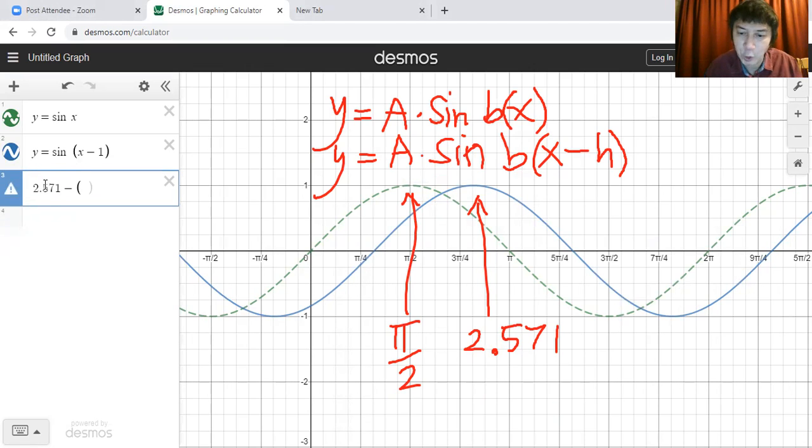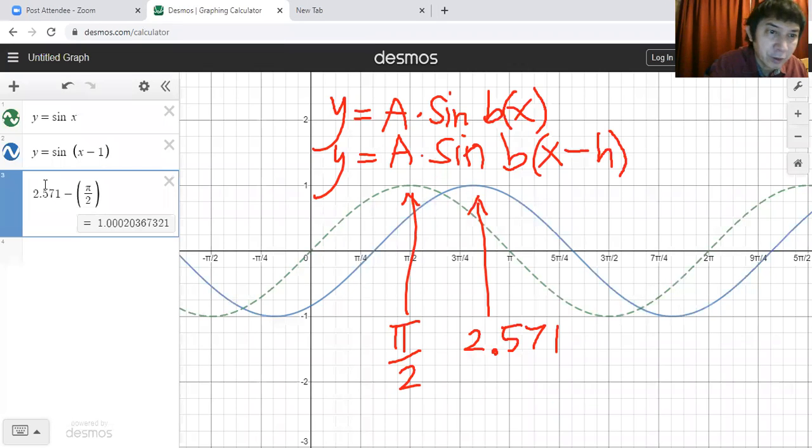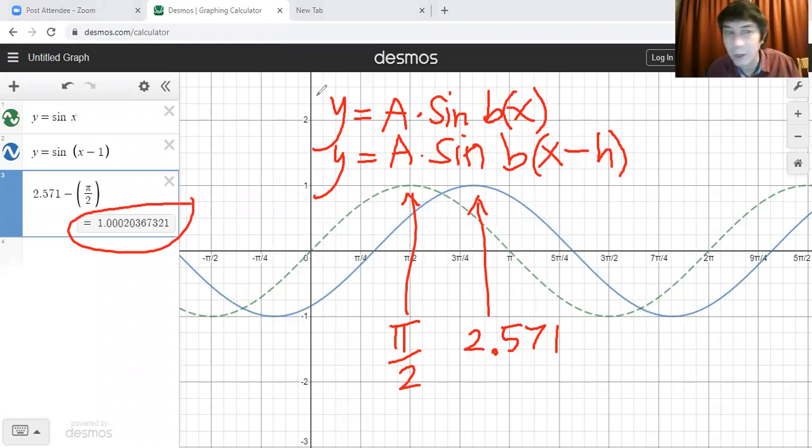I'm trying to compute at the left side of the screen. You can see the answer here. The answer is 1.00020. It's 1.